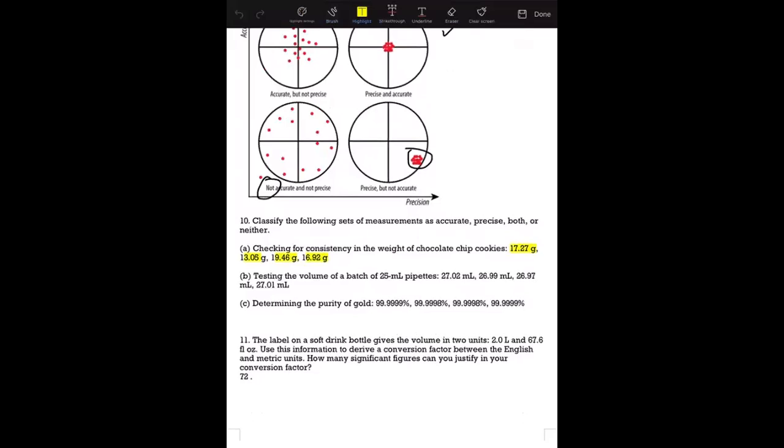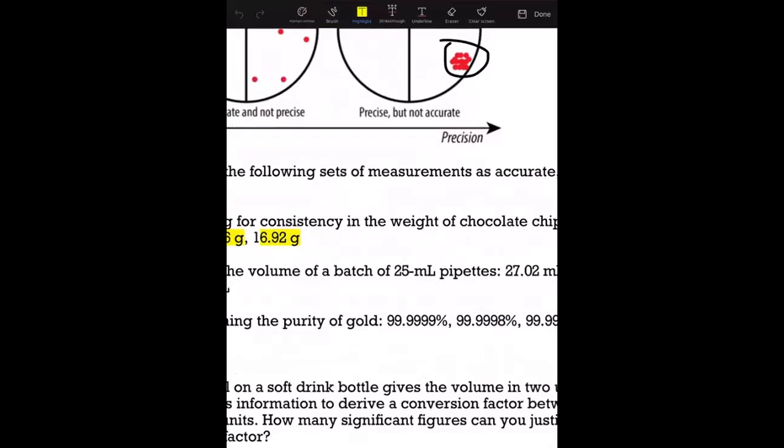But we really don't know the weight of a cookie to compare that to. So those numbers are imprecise because of the distance between them. And we don't know how accurate they are because we have nothing to compare that to. So we're going to say that this is neither accurate nor precise.